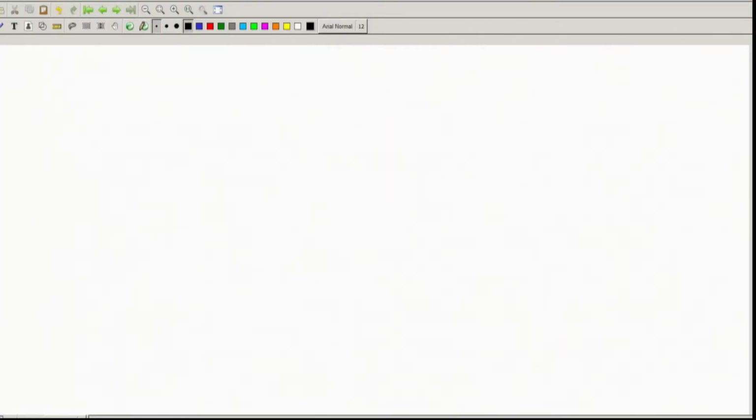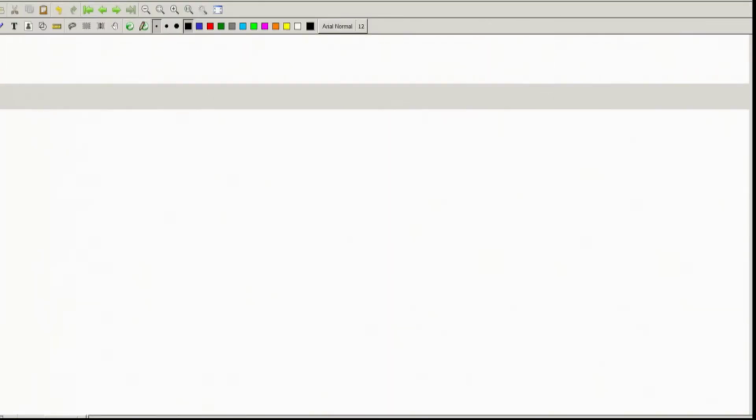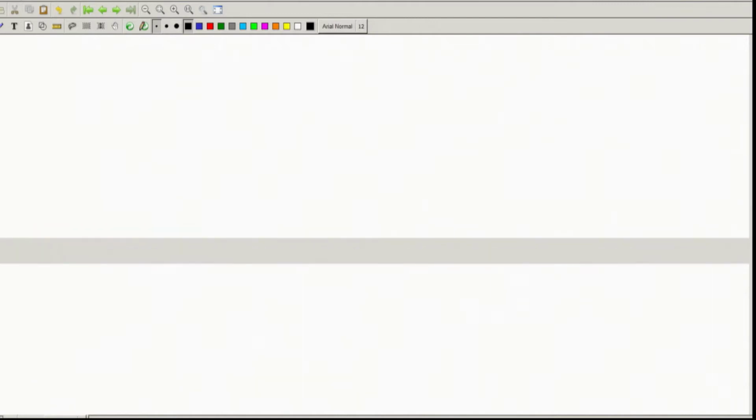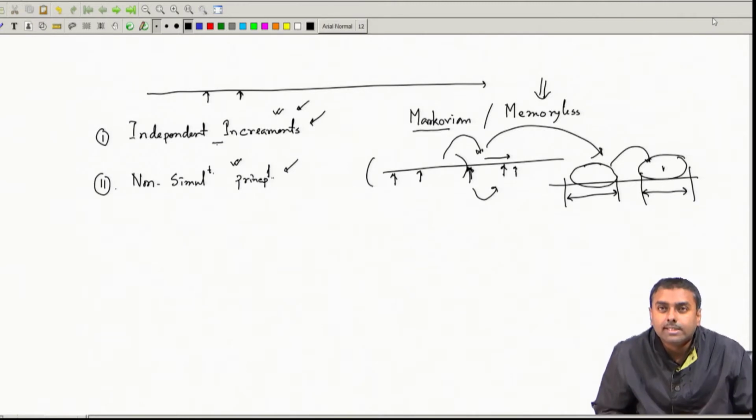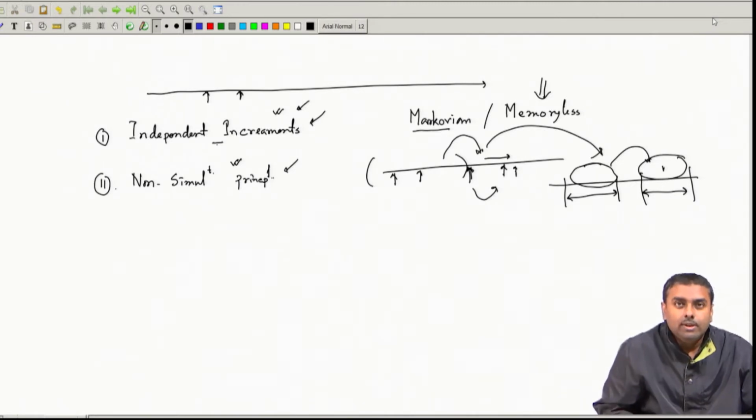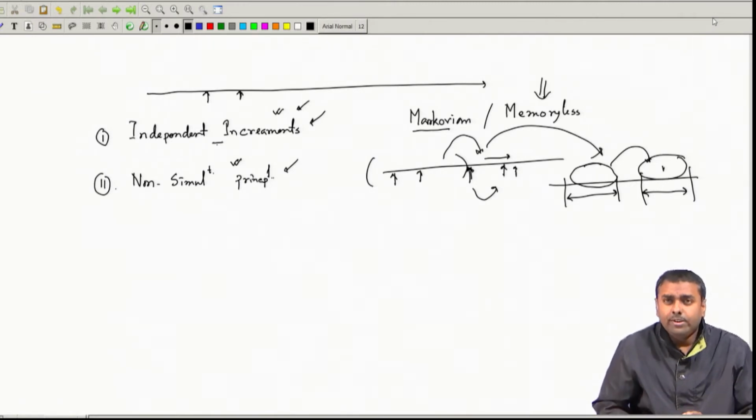So, basically if we go back to the last lecture, what we started describing is two things. One is called independent increment and the other one is the non-simultaneity principle. We have already seen what we mean by non-simultaneity, and given some basic definition of that.